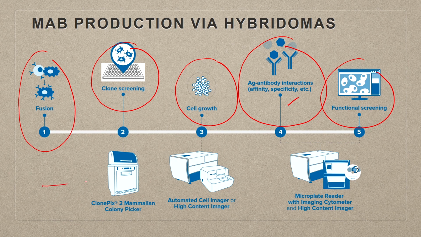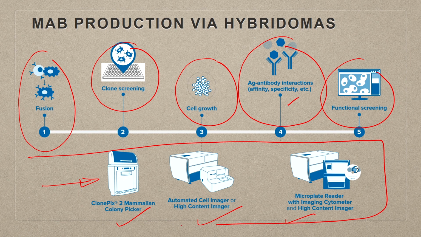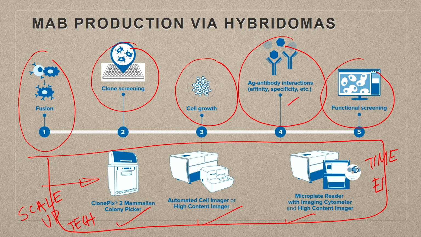And these are the different technological breakthroughs in terms of mammalian colony picker, automated cell imager, high content imager, microplate reader, imaging cytometer, and a high content imager. So, if you look at it, this bottom line here are scaling up technologies, which are revolutionizing the hybridoma production and saving time and energy.